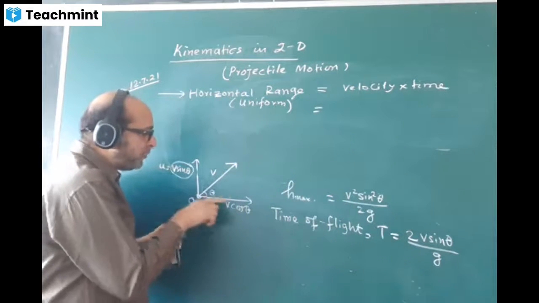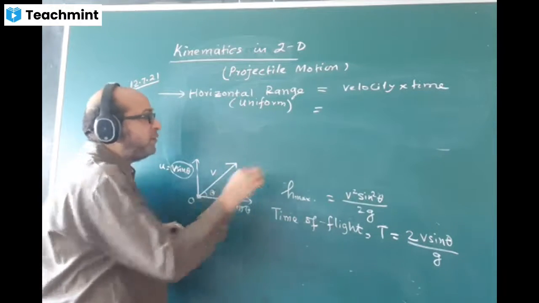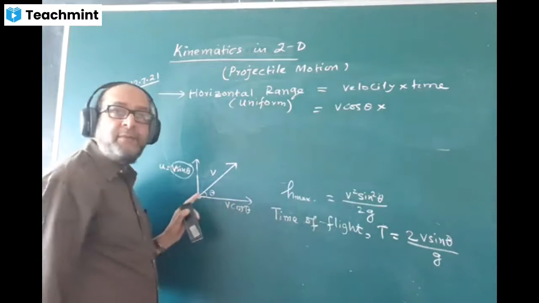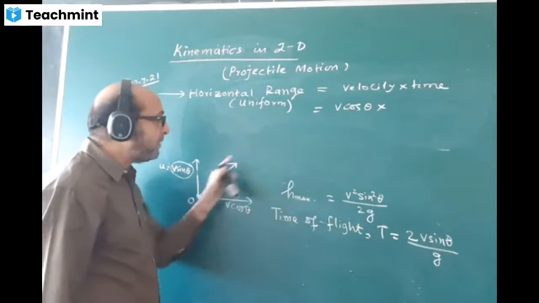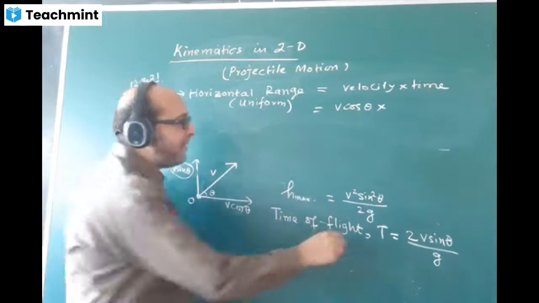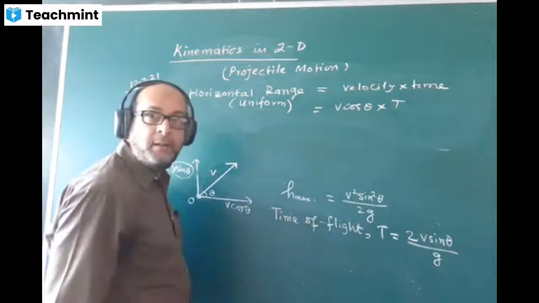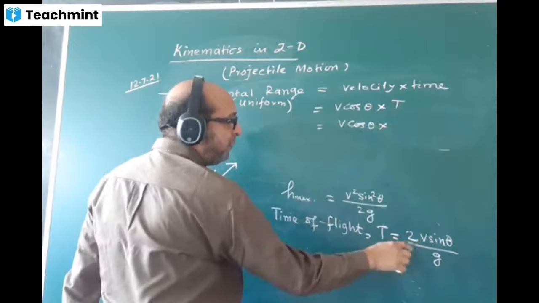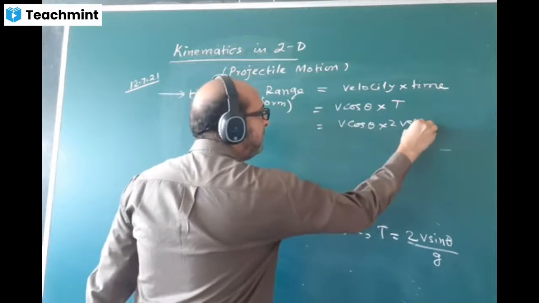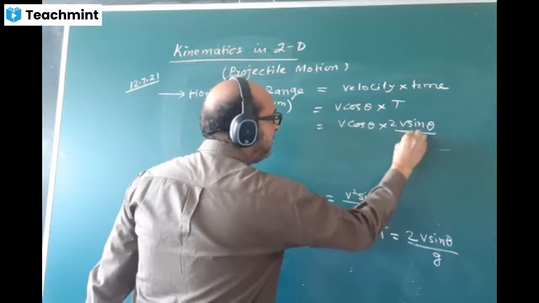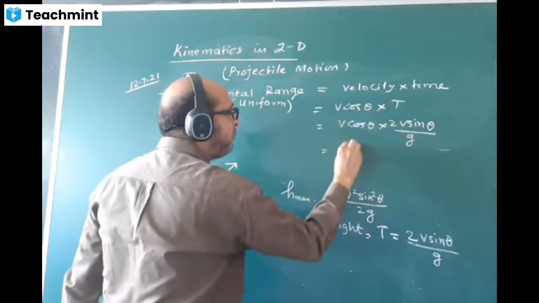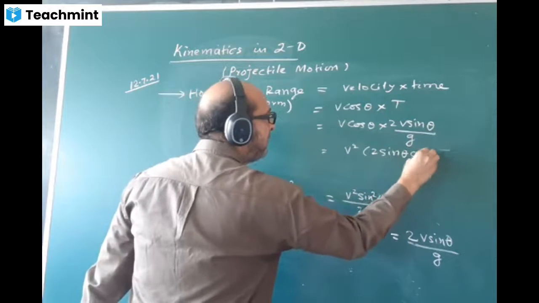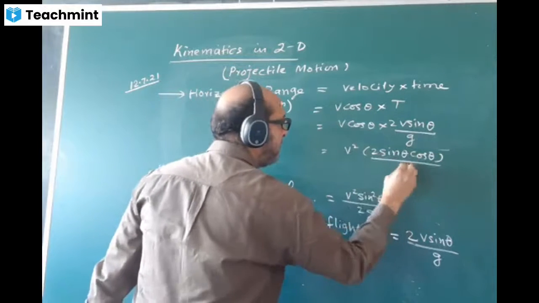What is the velocity in the horizontal direction? V cos theta, into the time. What time will it take to come back to the ground? That is the time of flight, capital T. So we write V cos theta into 2V sin theta by g, which gives V square, 2 sin theta cos theta upon g.